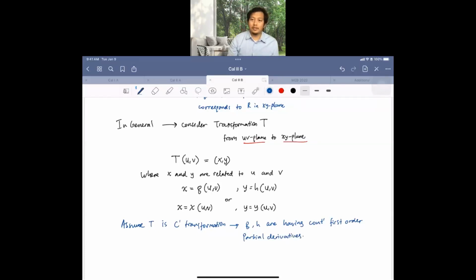So there's not a problem when you try to partially differentiate.